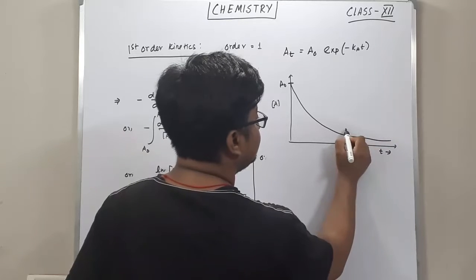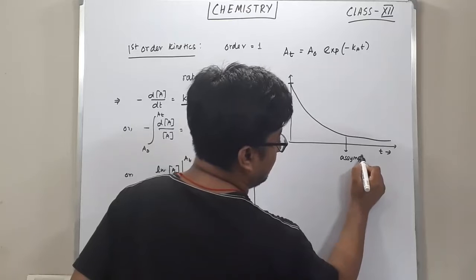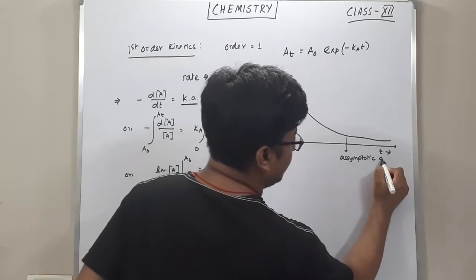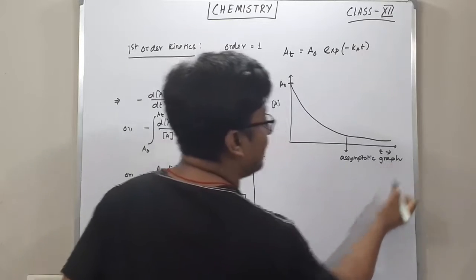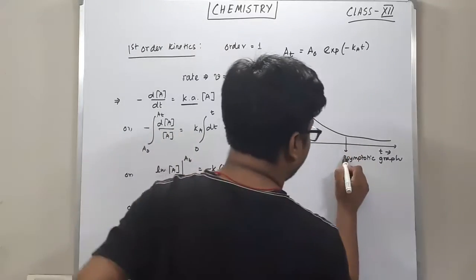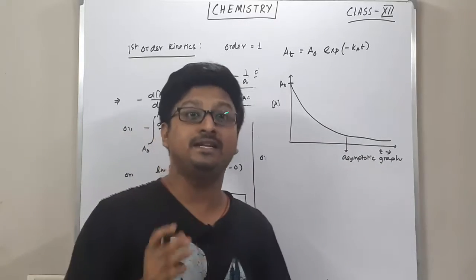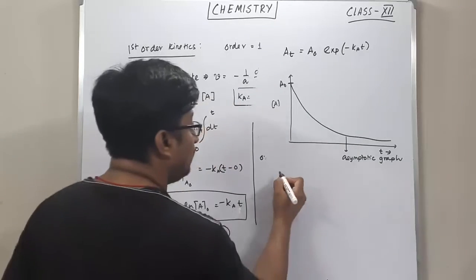This exponential graph is an asymptotic graph, and the nature of an asymptotic graph is that it never ends. So what can we conclude from here?